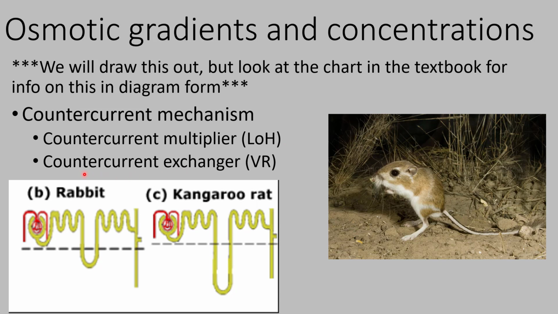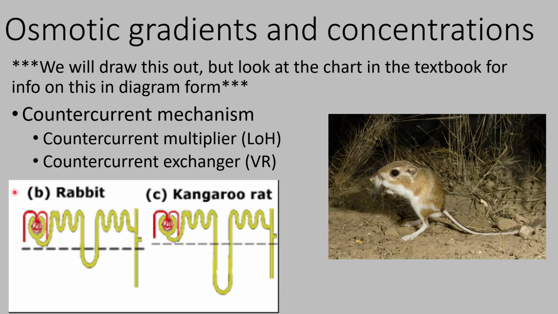And then there is something called the countercurrent exchanger, which is that vasa recta, that ladder-like specialized capillary. And those two things work together, again, to create and maintain osmotic gradients. And those osmotic gradients, again, maximize water reabsorption while using very, very little ATP.